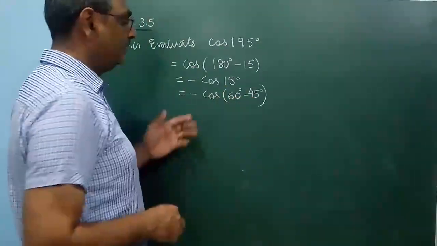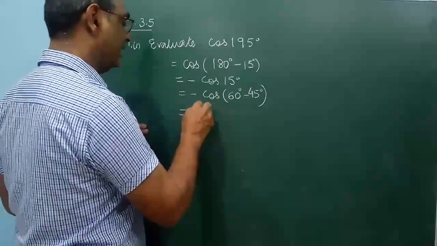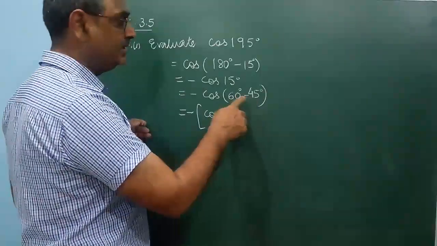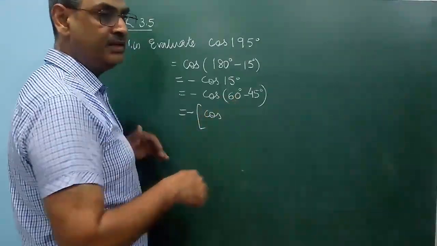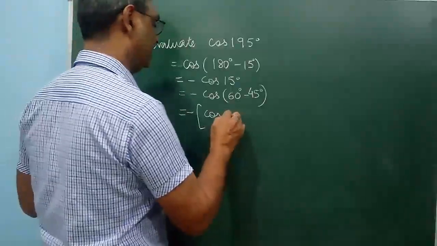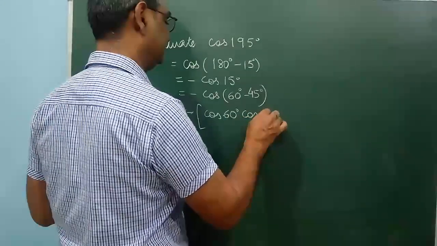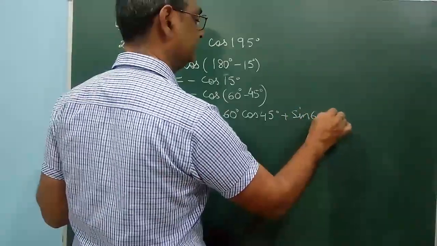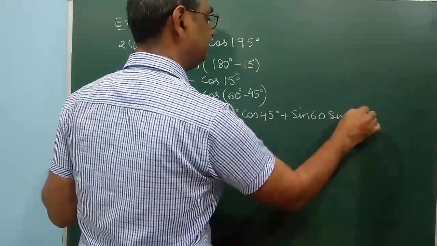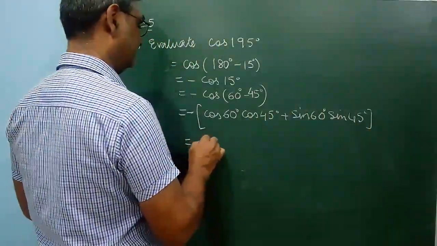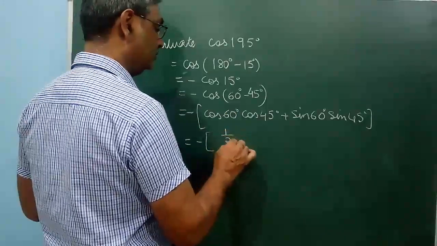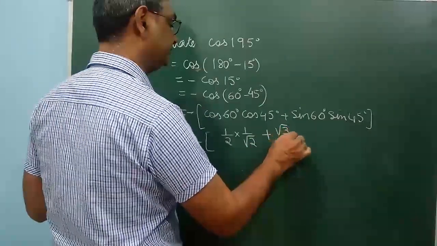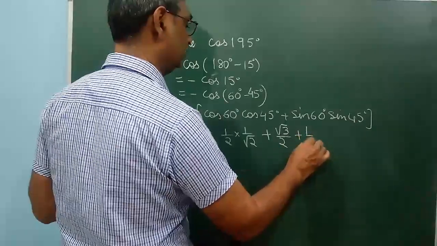Now here we can use the formula: cos(A minus B) equals cos A cos B plus sin A sin B. This is 1 by 2, this is 1 by root 2, this is root 3 by 2 and this is 1 by root 2.